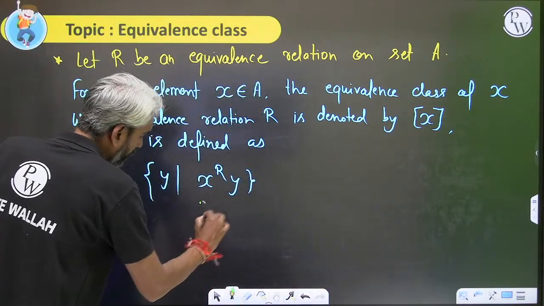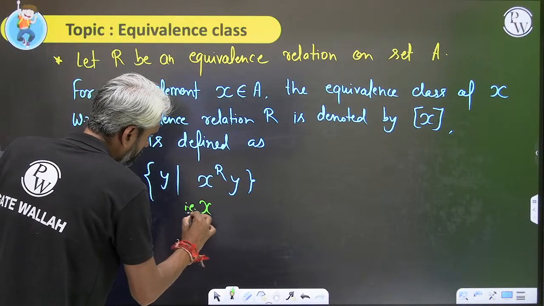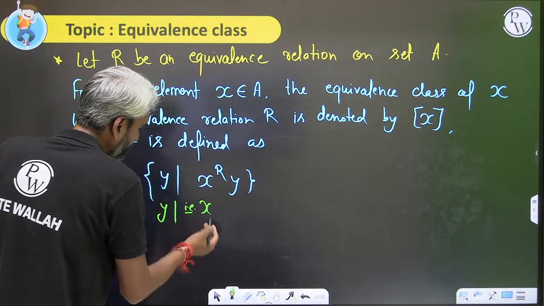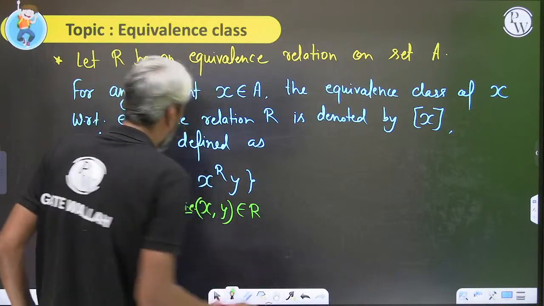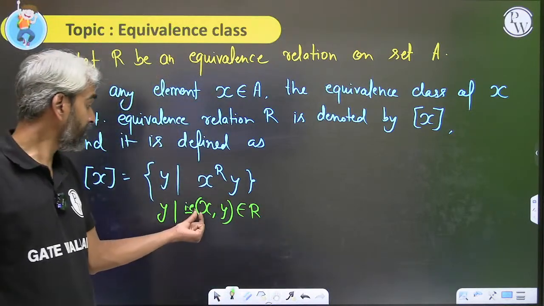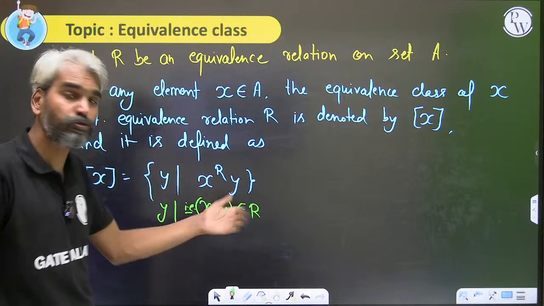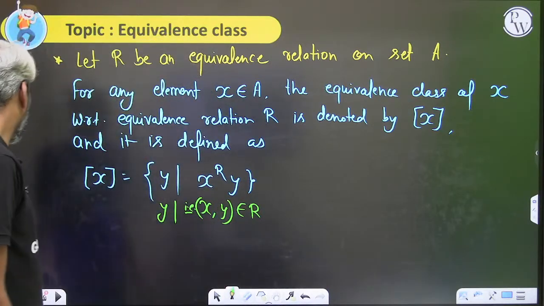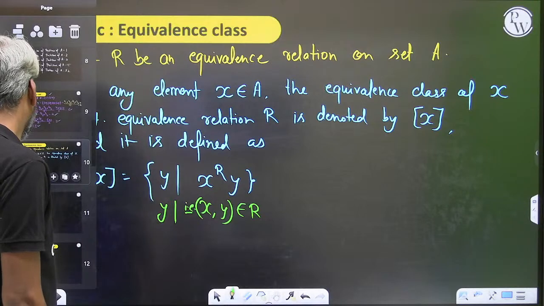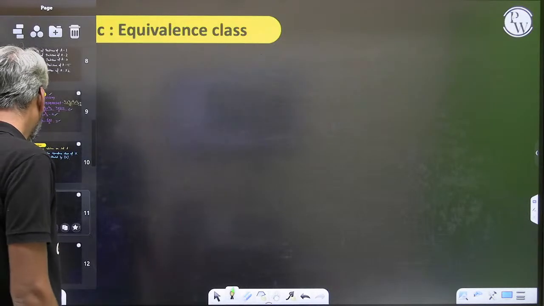It means X comma Y belongs to R. And you know that it's an ordered pair, so X must relate with Y. Y relating to X will not be of any importance. Anyway, let's try to understand in detail with the help of an example.